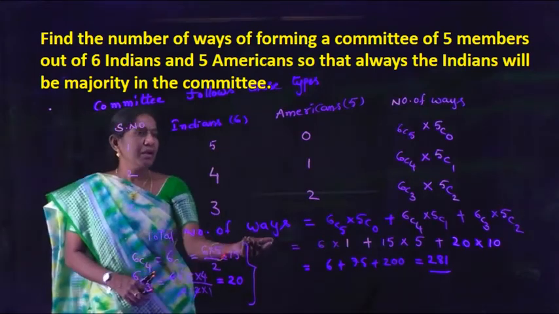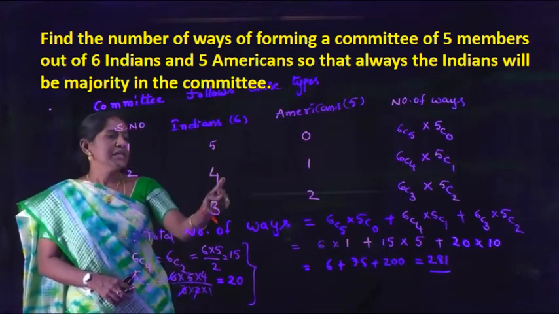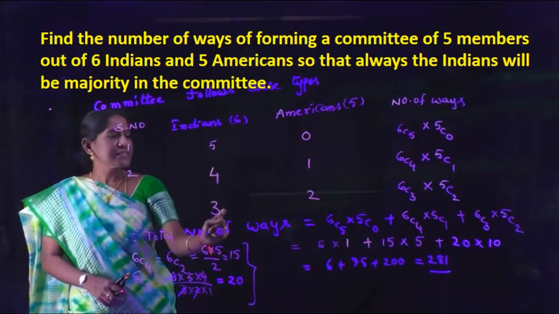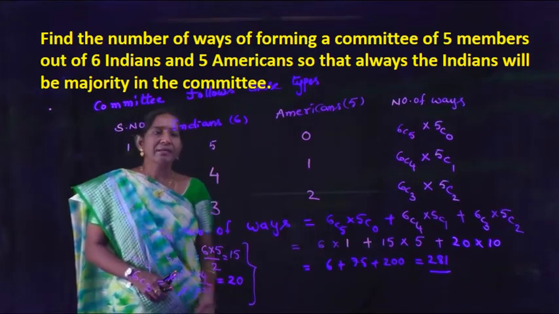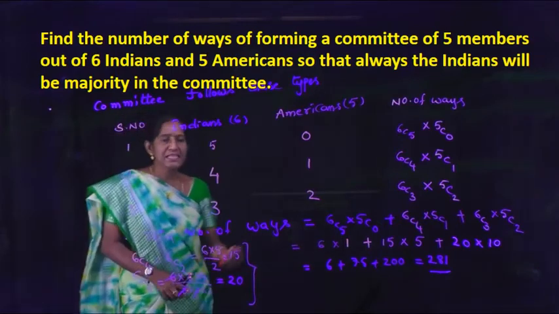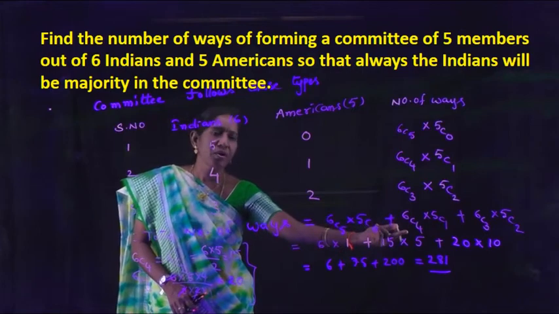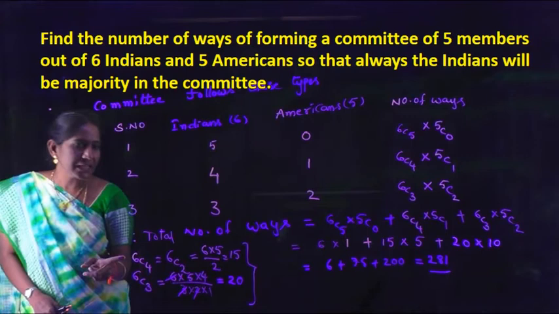Therefore, total number of ways 6C5 into 5C0 plus 6C4 into 5C1 plus 6C3 into 5C2. Write all the values of this. Value of 6C5 is 6, 5C0 is 1. Value of 6C4 is the same as 6C2, that is 15.